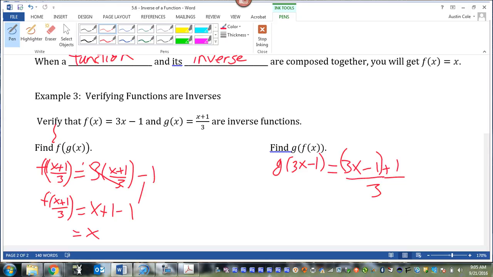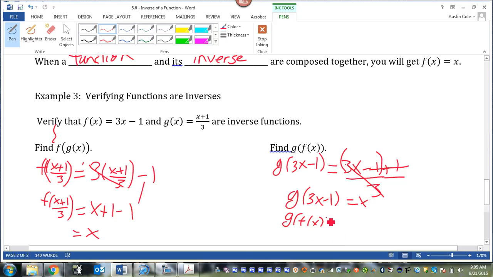Now, what's negative 1 plus 1? 0. 3 divided by 3? 1. So we're just left with x. So g of 3x minus 1 is x. That can also be written as g of f of x equals x. So the 3's cancel and the 1's cancel out.